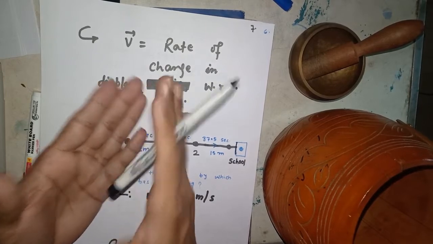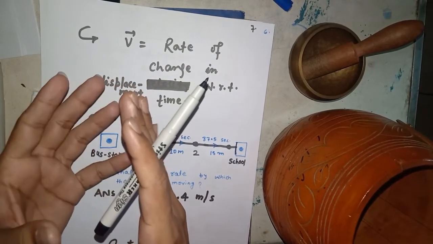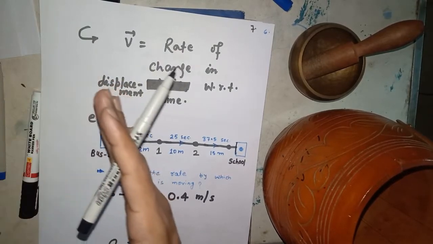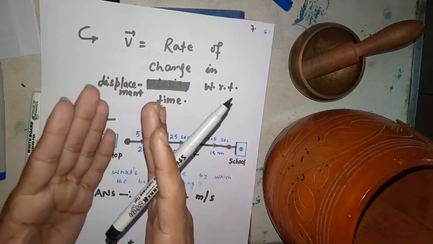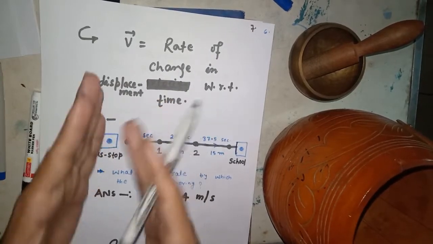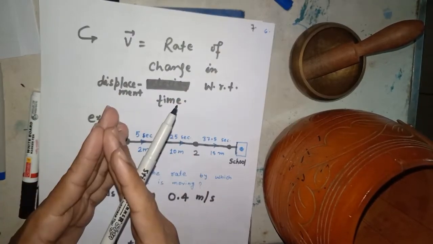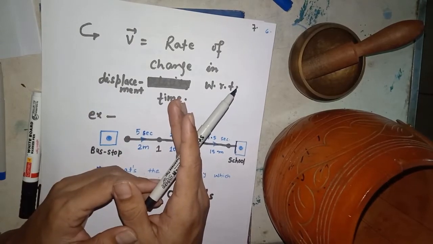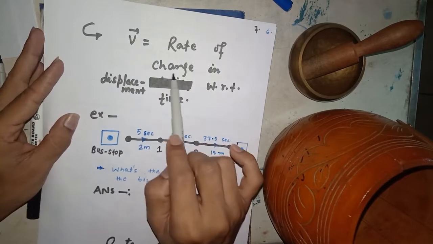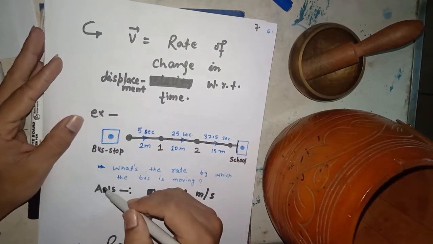In the market, you take the rate which is based on the mass of the material, but here in physics, generally the rate depends on time. So velocity is nothing but the rate of change in displacement with respect to time.